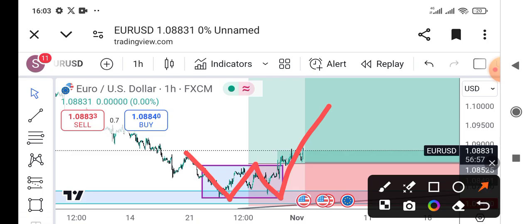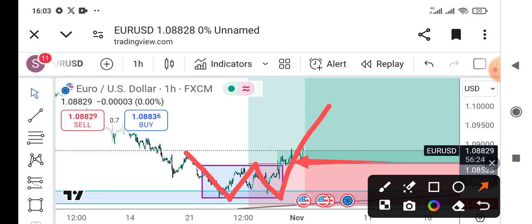So this section, I call it safe entry zone. Immediately it breaks out of reaccumulation, my friend, we are now very safe. Where we've done our entry, that place is very, very safe.